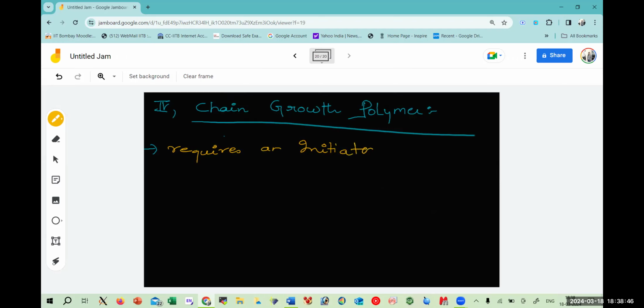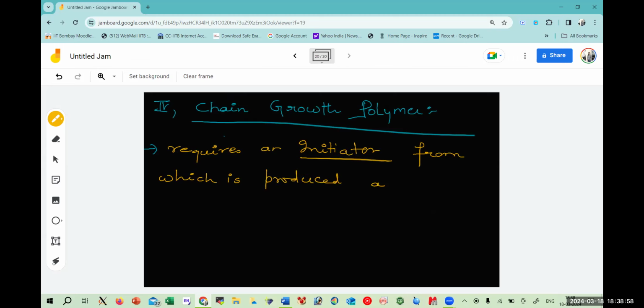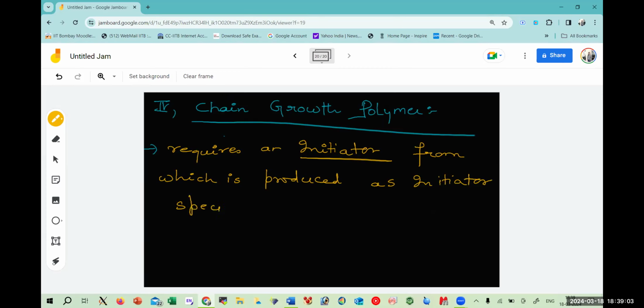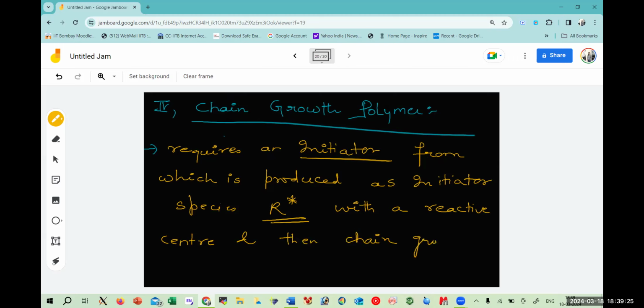Initiator means it has to initiate the reaction, from which is produced an initiator species, this R dash with a reactive center, and then the chain growth occurs.